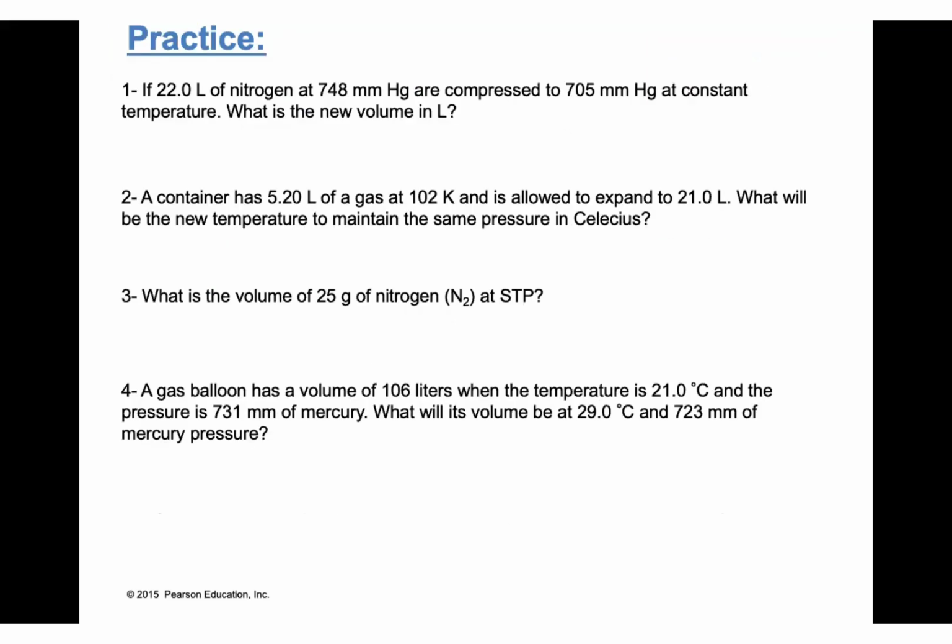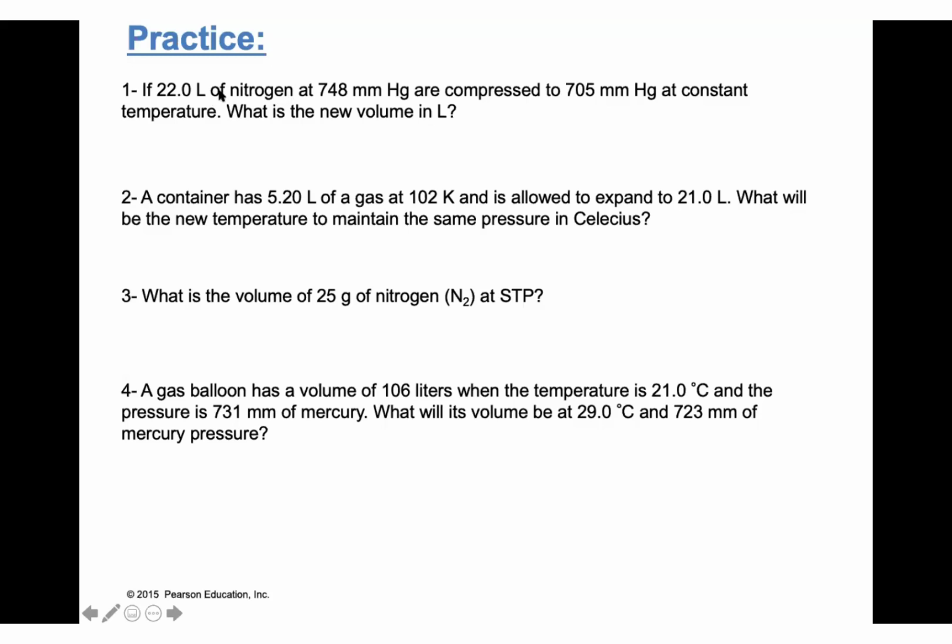Okay, let's do some practice, guys. Question 1. These are like wrap-up questions. If we have 22 liters of nitrogen, always, even if they don't tell you nitrogen, because it's a gas concept, they always talk about N2.